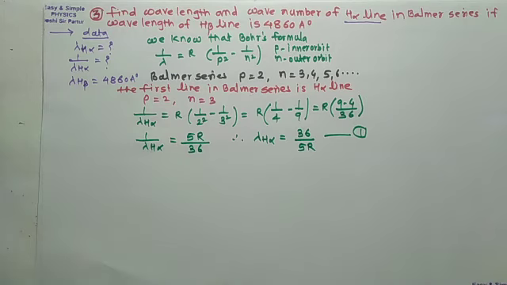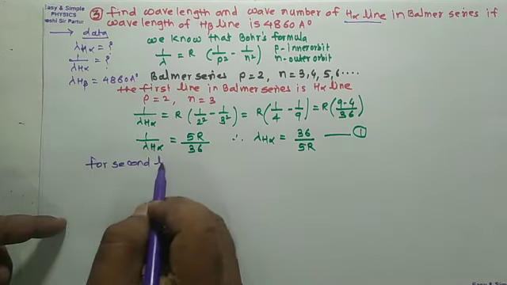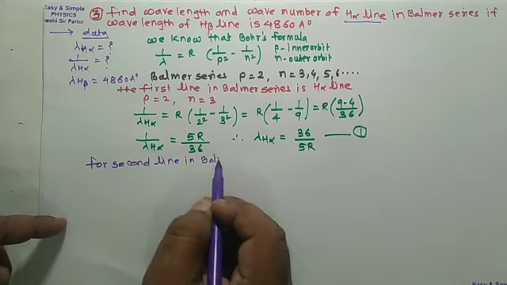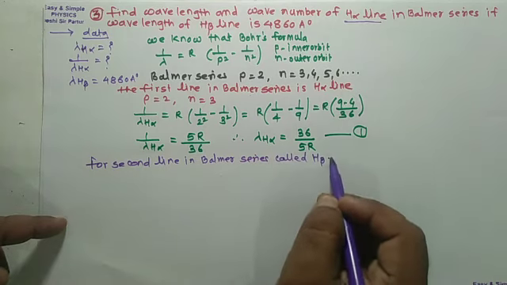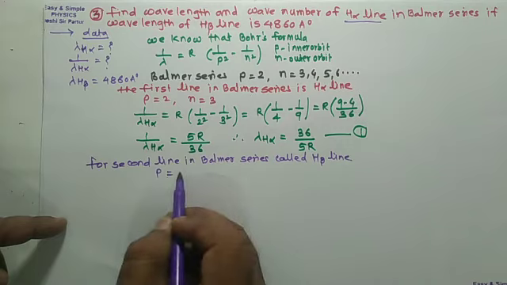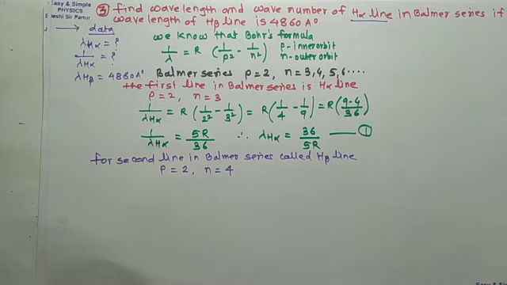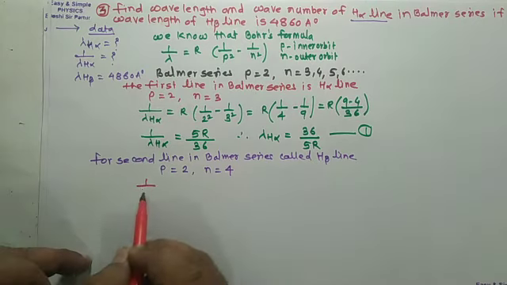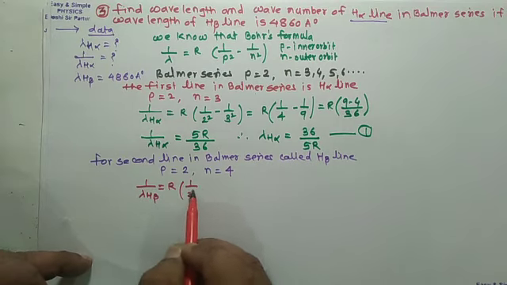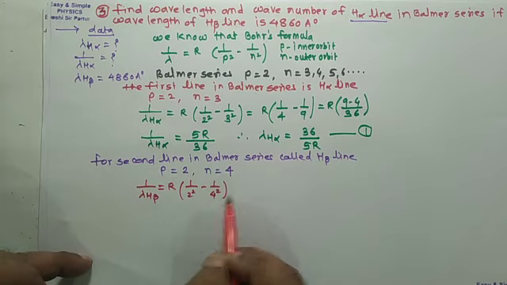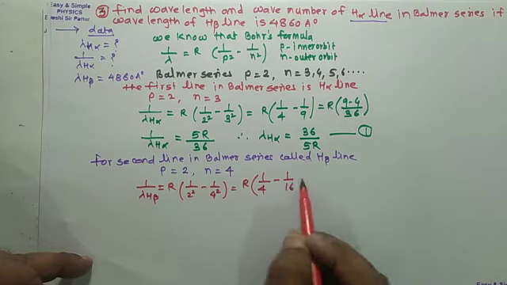Similarly, the second line in the Balmer series is called the H beta line. So p equal to 2 but n equal to 4. So 1 upon lambda H beta is equal to R in bracket 1 upon 2 square minus 1 upon 4 square, which is R in bracket 1 upon 4 minus 1 upon 16.